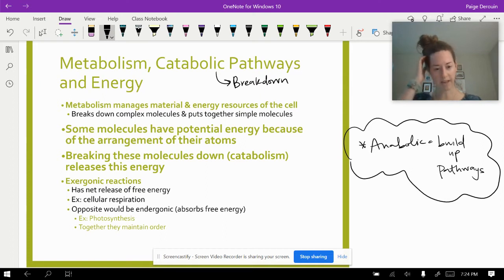An example of that is cellular respiration, where glucose is being broken down and energy is being released from that. The opposite would be an endergonic reaction, which absorbs energy, and that's photosynthesis, because the plant takes the light energy from the sun, absorbs it, and stores it in the form of sugar.